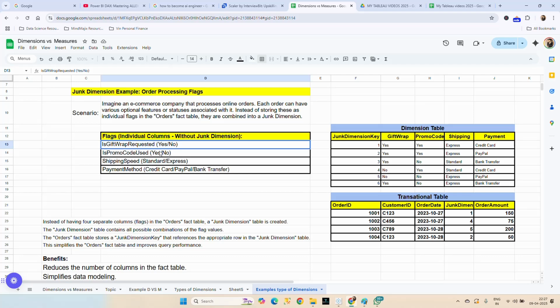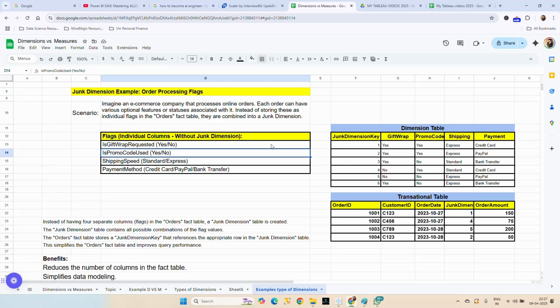If gift wrap is requested by the customer, we flag yes, otherwise no. Like promo code yes or no, shipping speed standard or express, payment method credit card or other. We need to update these things every time on the fact table.